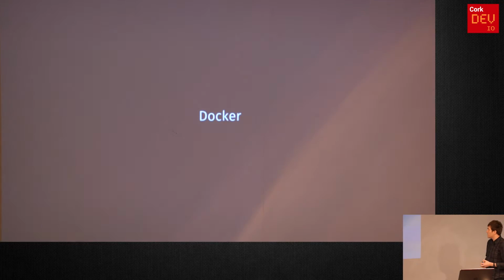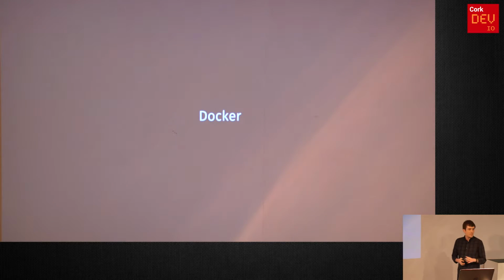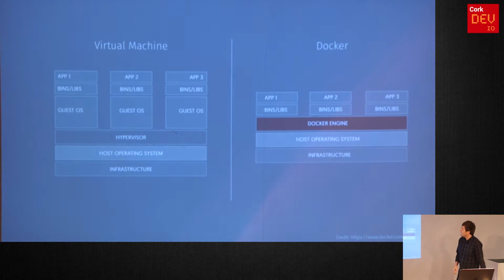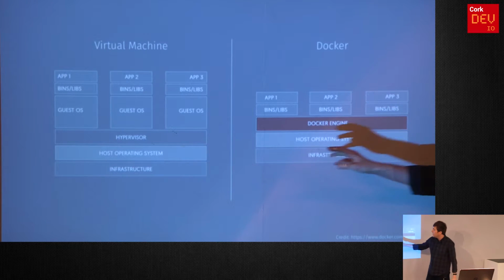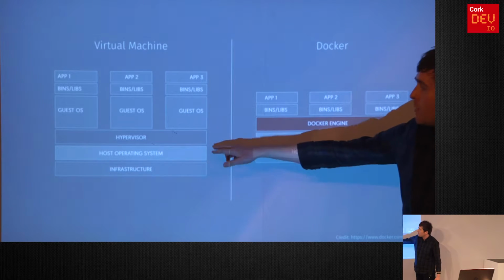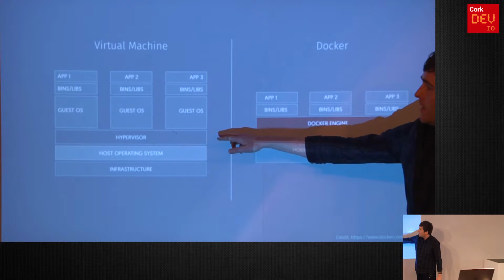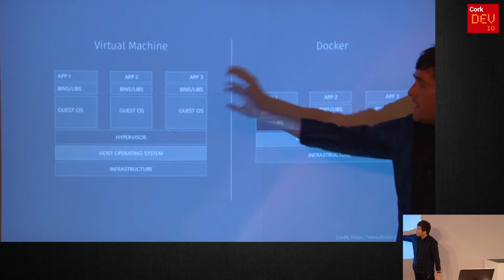Right, so I'm going to start out by talking about Docker. You can maybe skip some of the easier bits. So Docker basically looks like this. If you're used to virtual machines, Docker is a similar concept. With a virtual machine, you've got some hardware infrastructure, you've got an operating system, you've got your hypervisor layer, and then on top of that you layer your guest operating system.